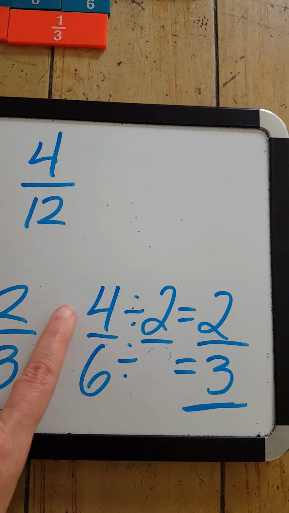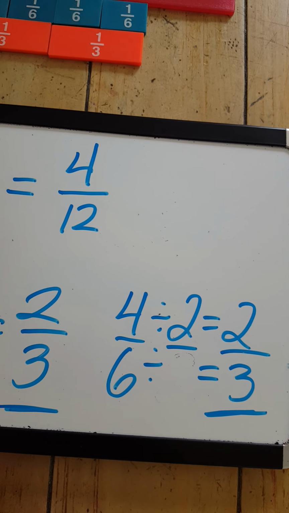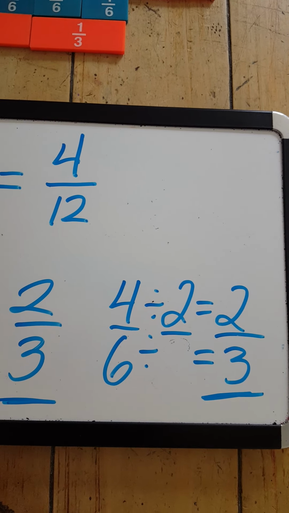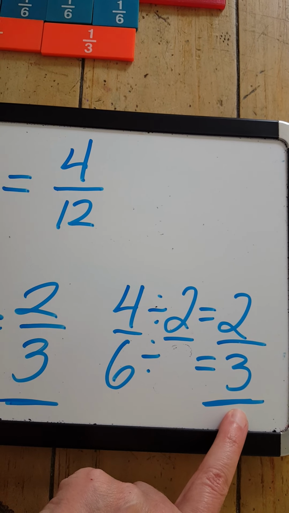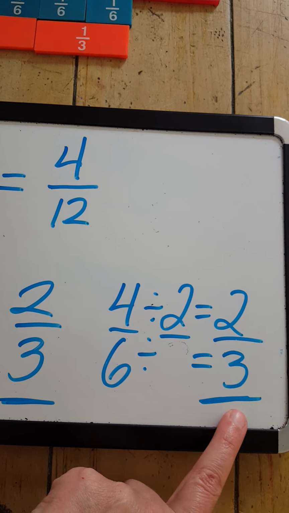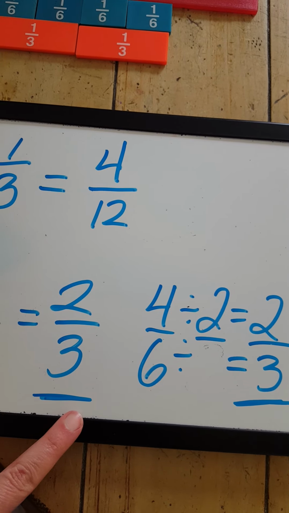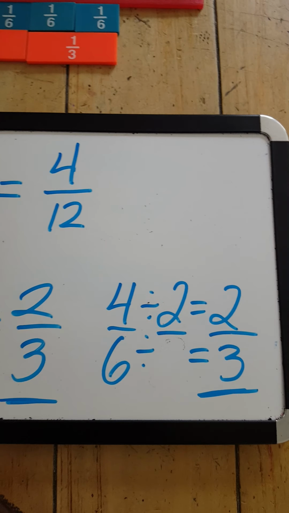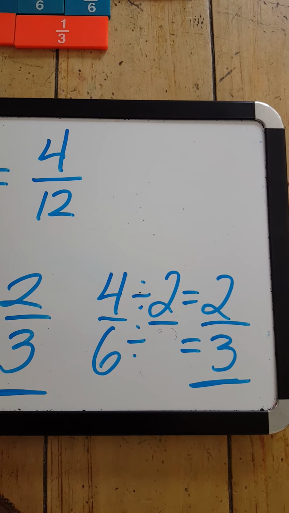So let's see. 4 divided by 2 is 2. Okay, great. That takes care of the numerator. 6 divided by 2 is 3. That takes care of the denominator. So we get the same fraction doing it both ways. Okay, just wanted to show you that, shrinking our fraction down into the simplest form.